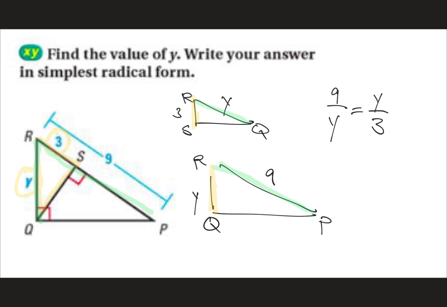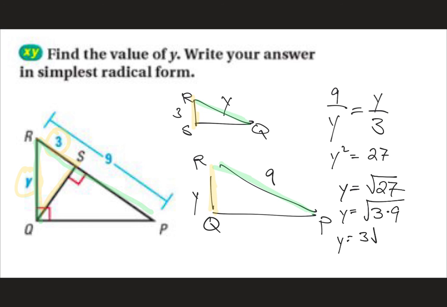And there's your geometric mean. The product of the means is equal to the product of the extremes. So y squared is equal to 27. So y is equal to the positive square root of 27. And it wants our answer in simplest radical form. So y is equal to square root of 3 times 9.